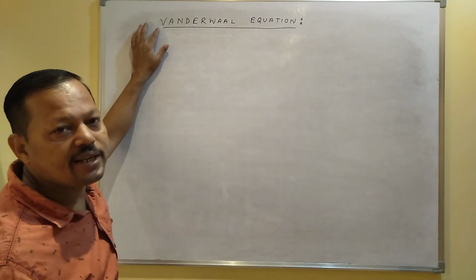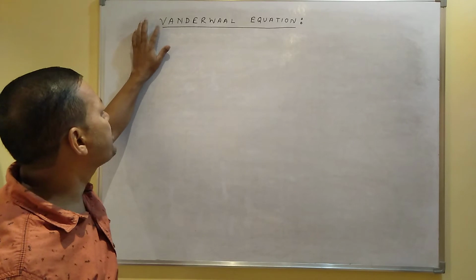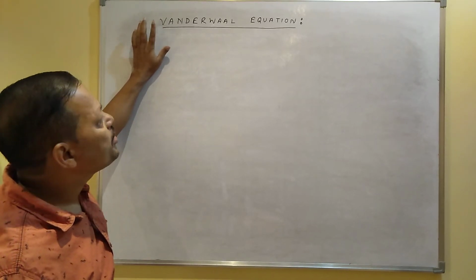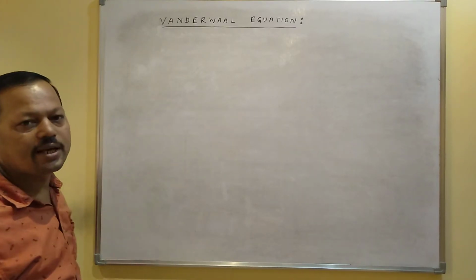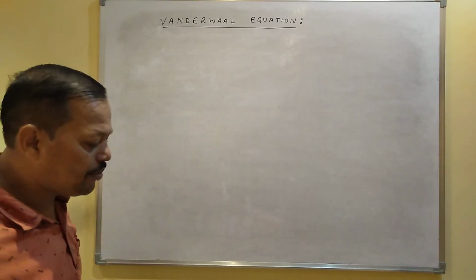He modified the ideal gas equation by correcting the pressure term and volume term. By correcting the pressure and volume terms of the ideal gas equation, he put forward an equation which is called the van der Waals equation. This equation is said to be the equation for real gases, and every gas follows this equation.